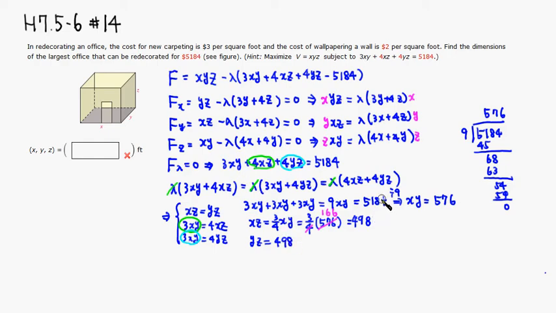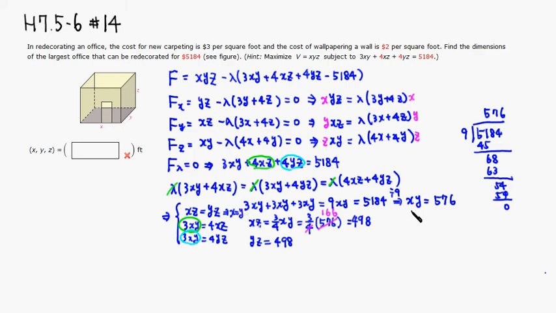Alright, so let's look to find x, y, z. One thing we know is that if xz and yz are equal to each other, we actually know that x equals y.